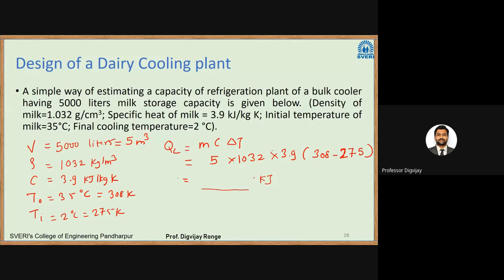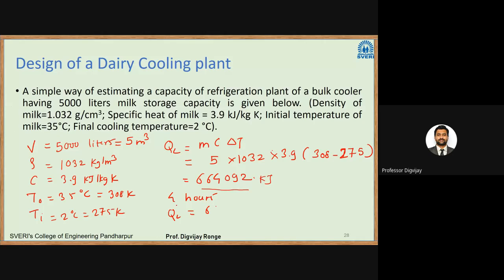664.92 kilojoule. Okay. So this process is to be carried out in 4 hours. So what will be the QL dot? This will be divided by 4 hours.